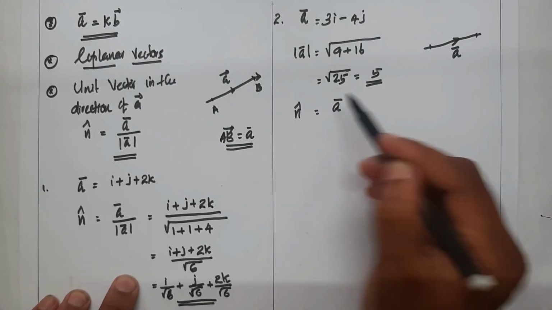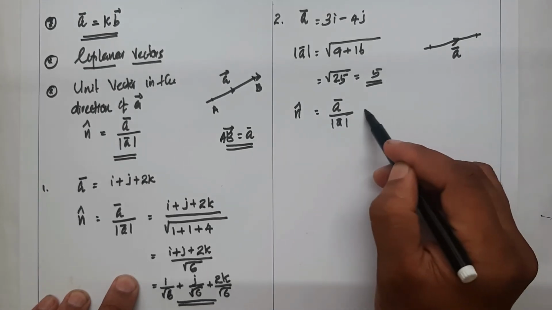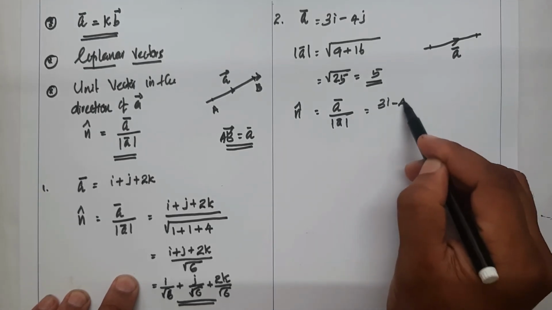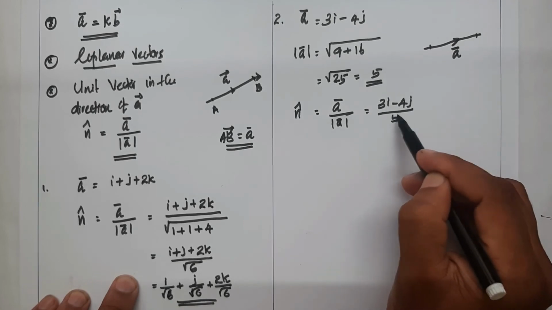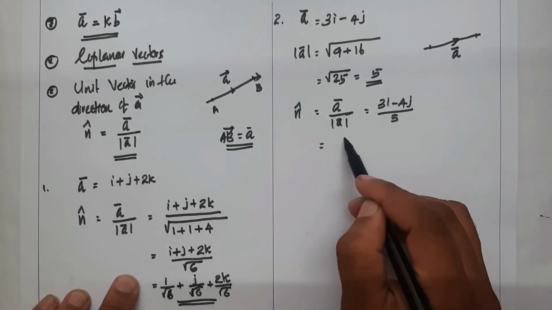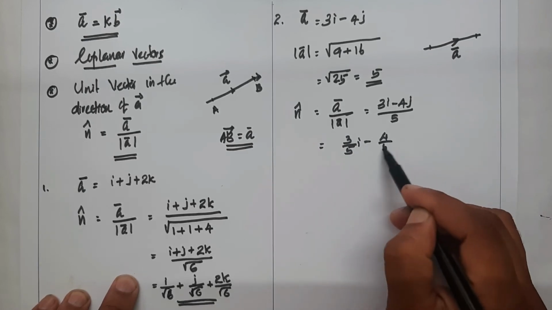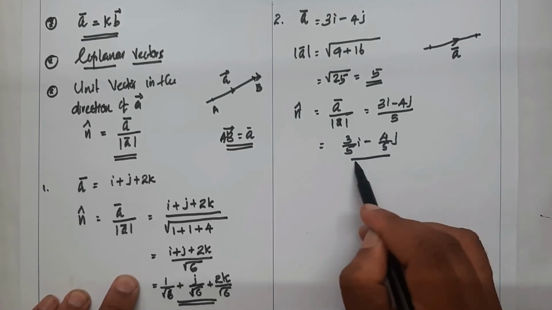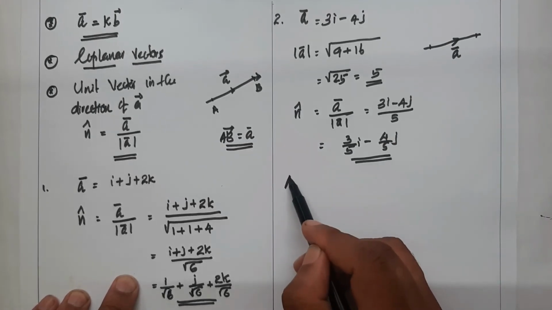You know the formula: n cap is vector A divided by modulus of vector A, that is 3i minus 4j divided by mod A, already found as 5. That is equal to 3 by 5 into i minus 4 by 5 into j. That is the unit vector.